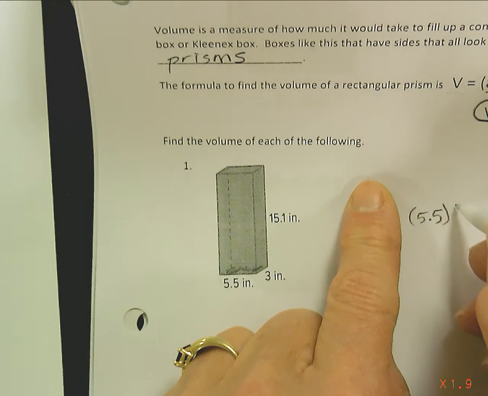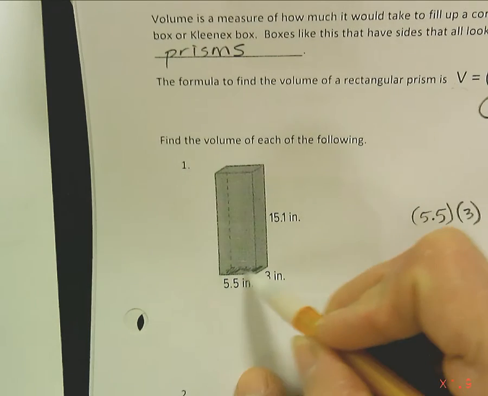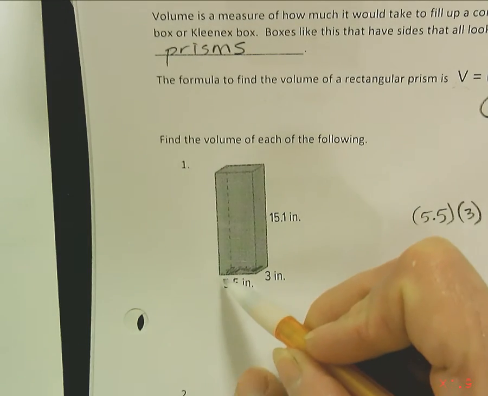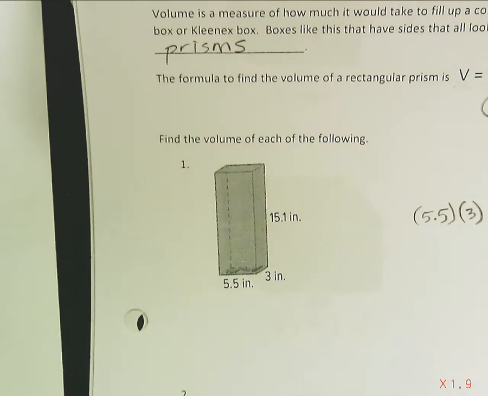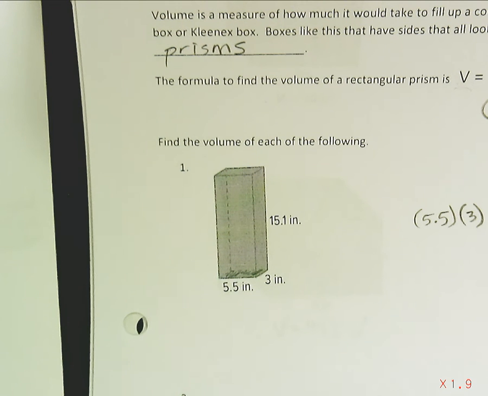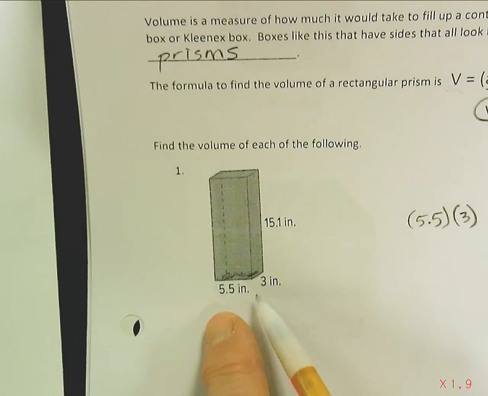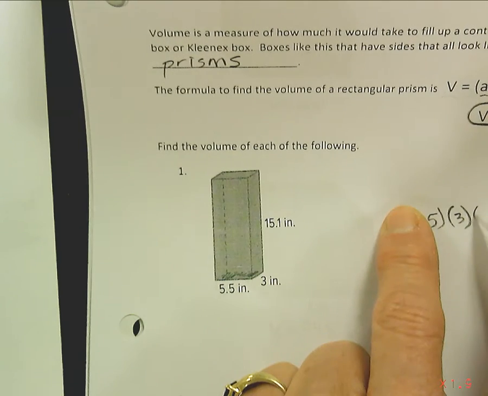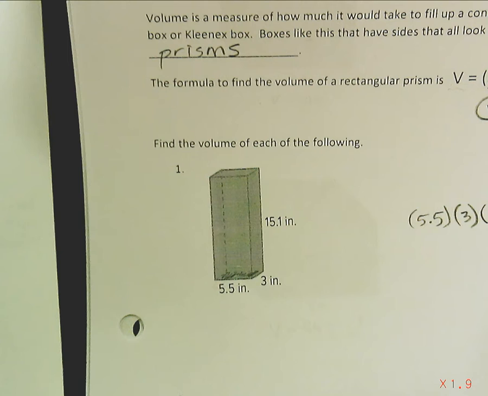If I'm just looking at the bottom there, it's 5.5 this way and 3 that way. And so I multiply the length and width together and then multiply it by the height. 15.1. And your calculator will do all that work for you.